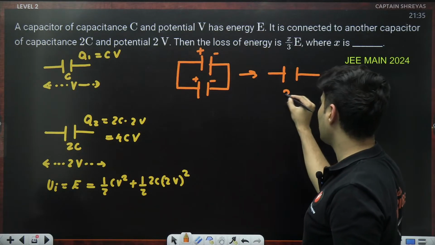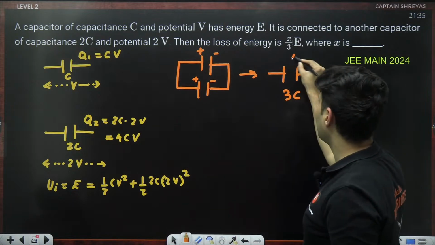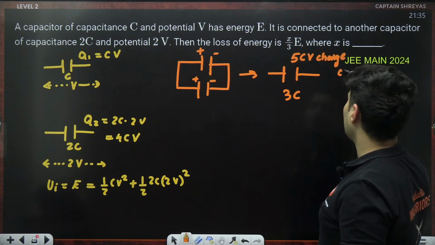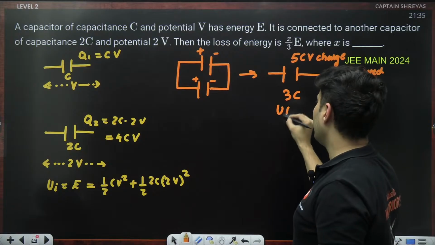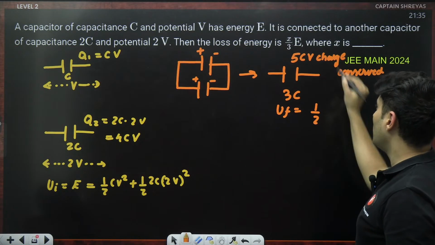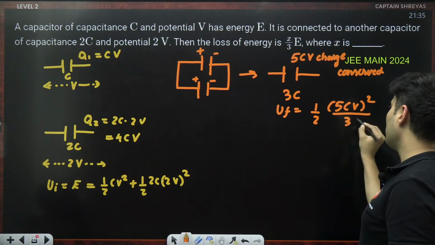C plus 2C is basically 3C. Total charge will be CV plus 4CV, which is nothing but 5CV charge, which will be conserved. Obviously, charge can't go anywhere. So the final energy will be half charge square, which is 5CV square, by capacitance, which is 3C.